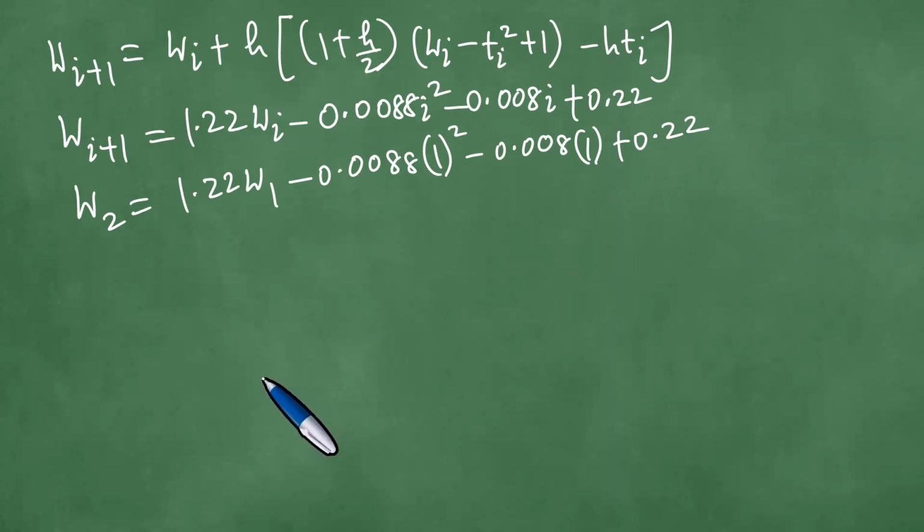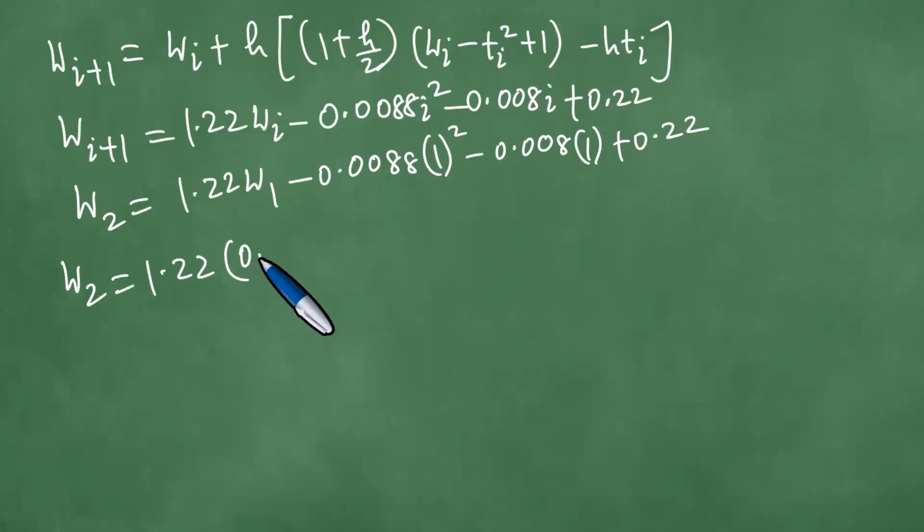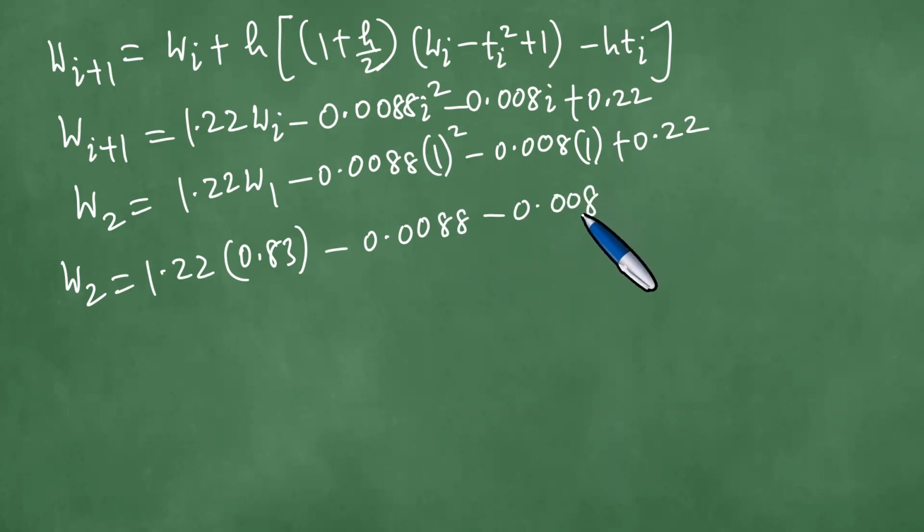So W2 is 1.22 times W1, what is it? 0.83, minus 0.008, which is just 1 minus 0.008. Okay, just watch this out.